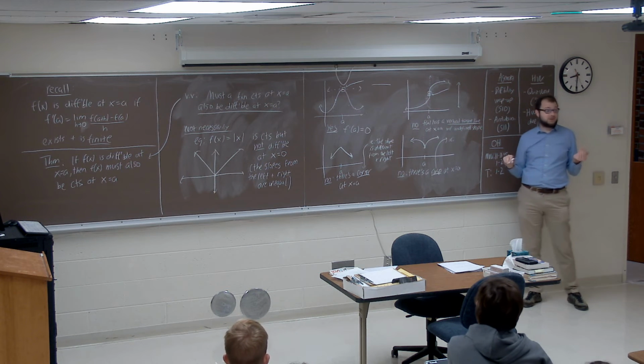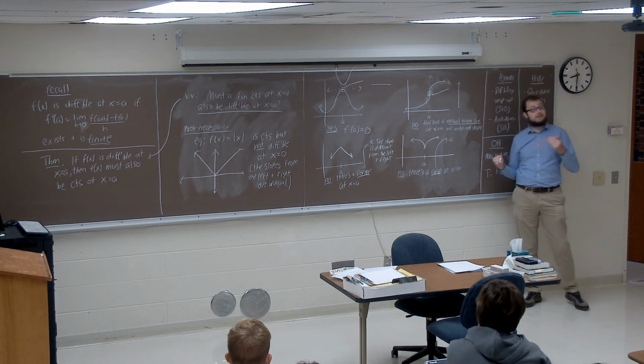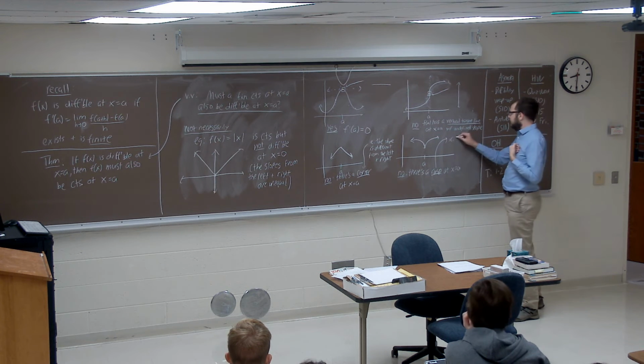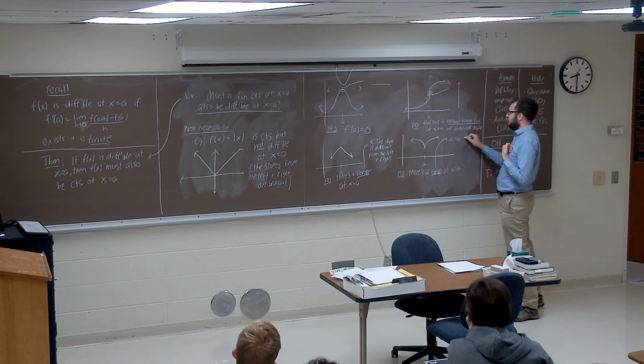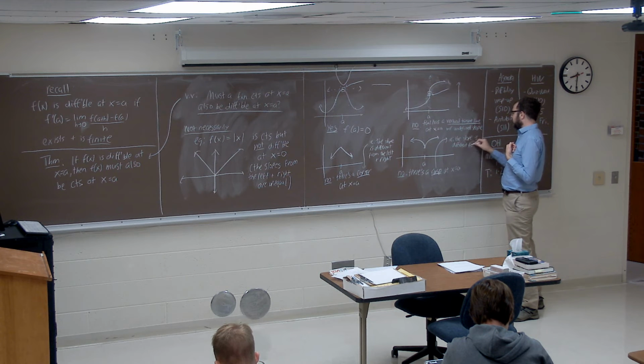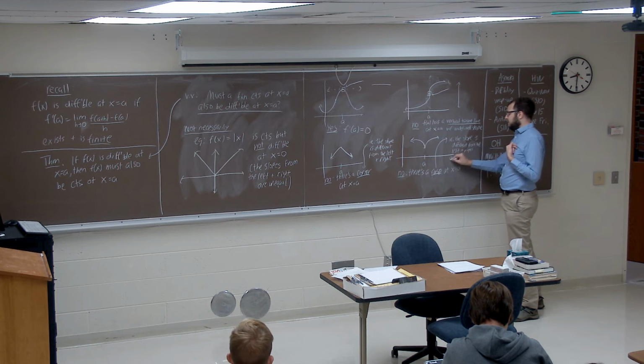So on one side the slope's going to positive infinity, on the other side the slope's going to negative infinity. So the slope is different from the left and right, and is infinite.